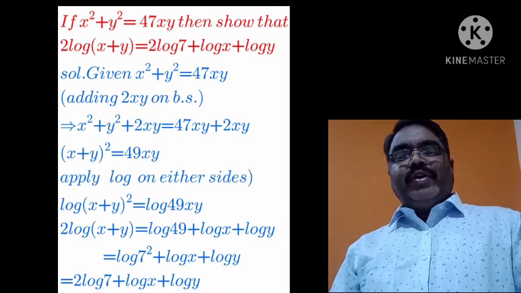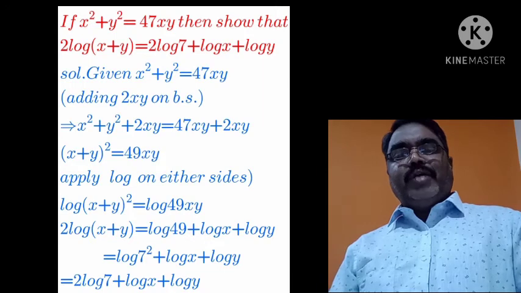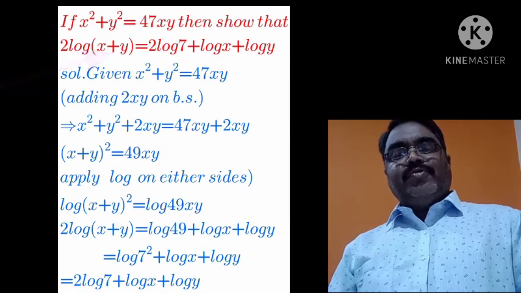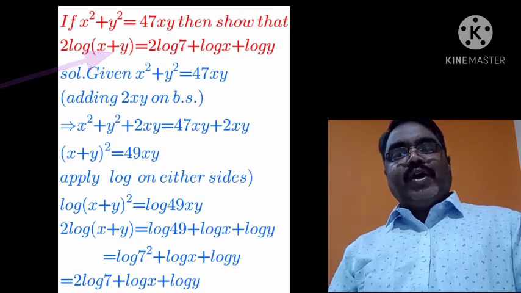Why should we add 2xy here in this? Sometimes we have to subtract 2xy on both sides of this equation. That depends upon the conclusion. What is to find here? 2 times log of x plus y is equal to 2 log 7 plus log x plus log y.